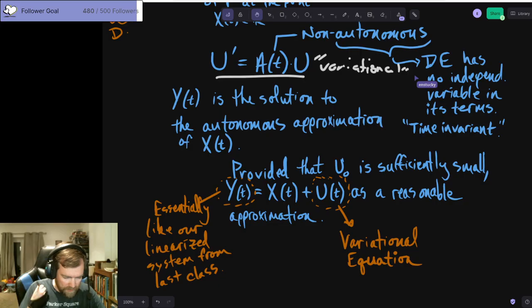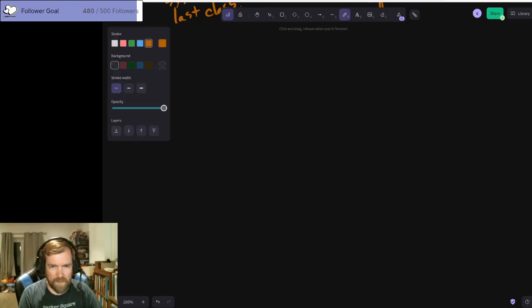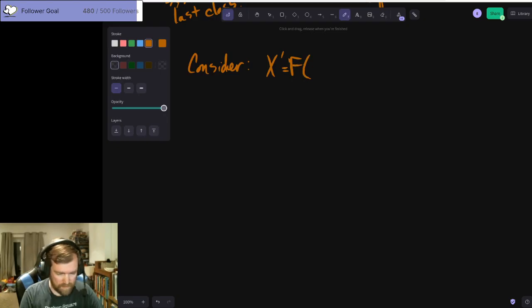And given the fact that y of t is defined to be the solution of x prime equals f of x, that satisfies the initial condition. So I can write this. Okay, so y of 0 is x of 0, or no, not x of 0, f of u sub 0? Yes. Okay.